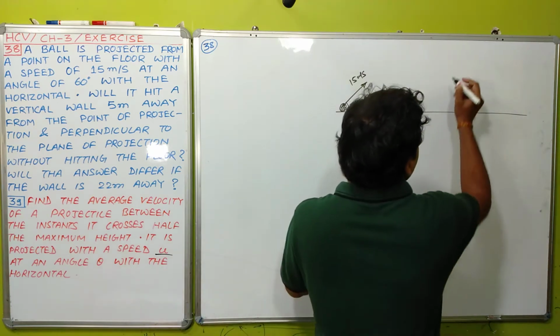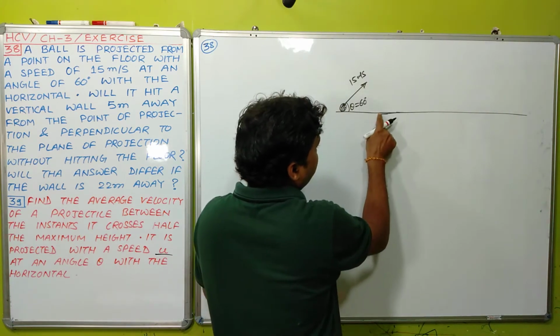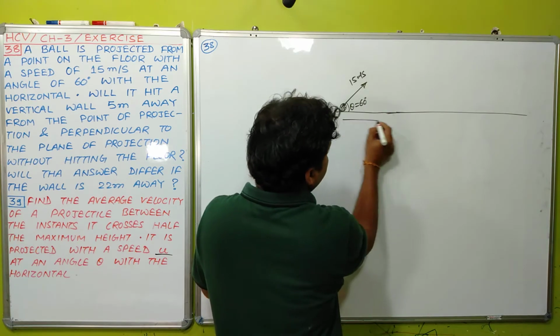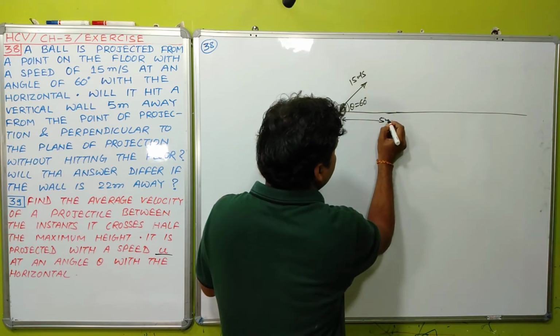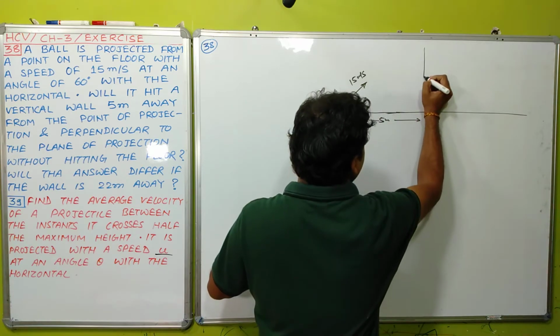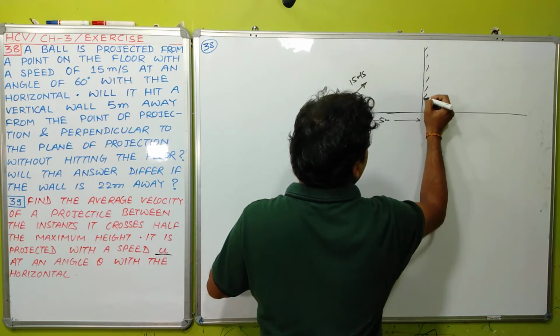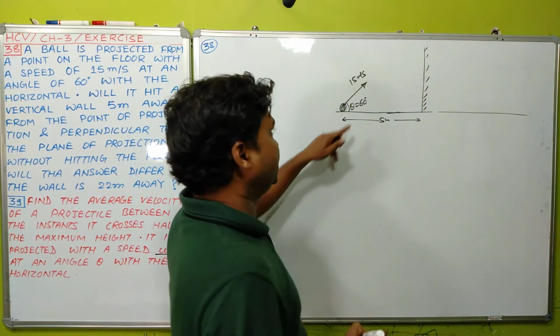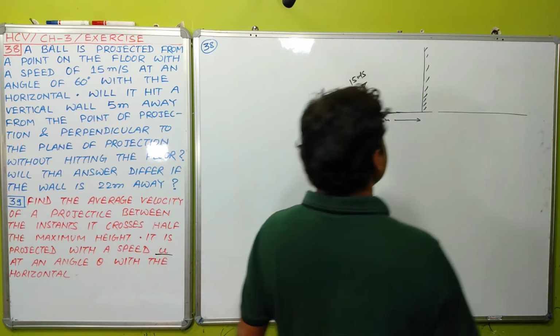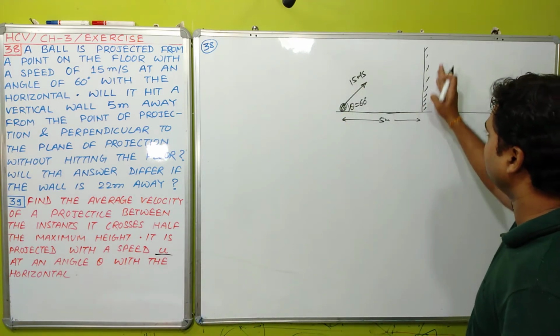Okay, there is a wall that is 5 meter away from this point of projection. There is a vertical wall. Will this ball hit this vertical wall which is present 5 meter away from this point of projection and perpendicular to this surface?